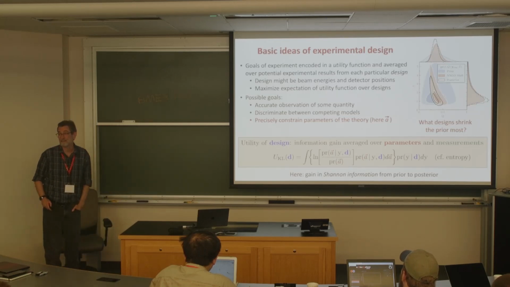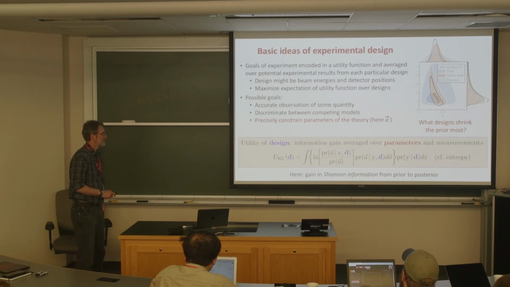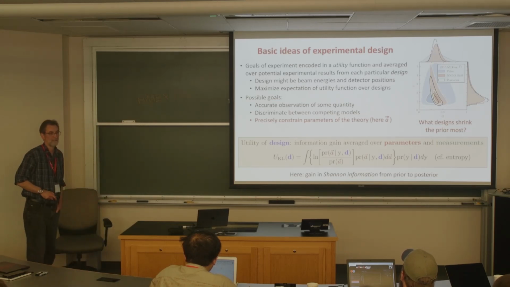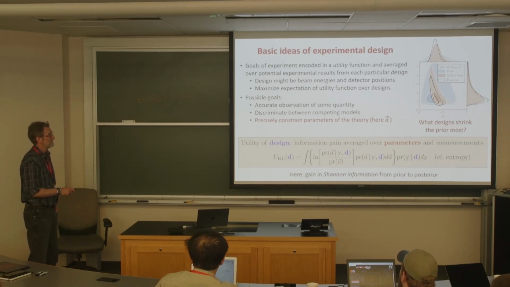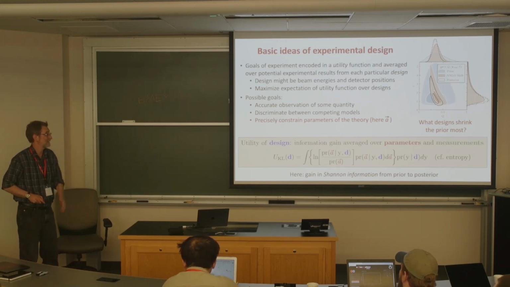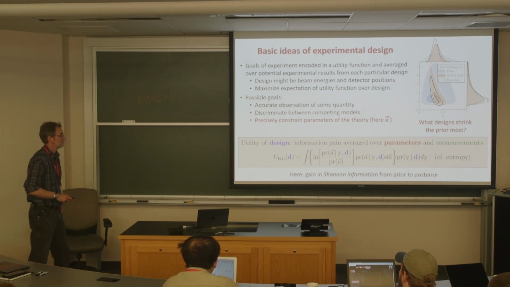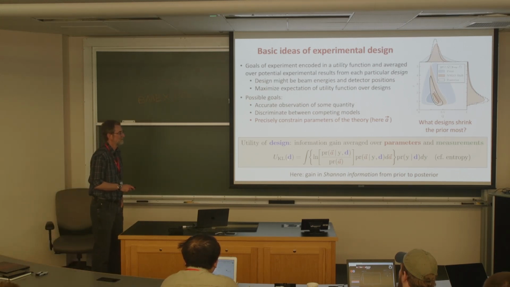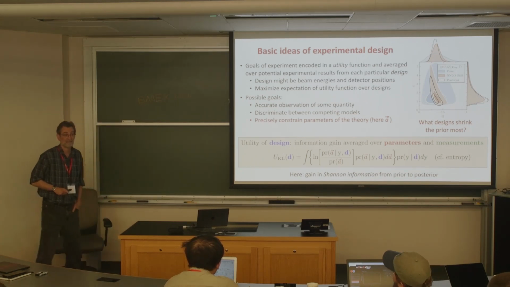So one way to define this is this slightly scary looking expression here. The D here is the design. So that would be the choice of where my design, say energy and detector position. We're going to look at that over all the designs and look to maximize that.